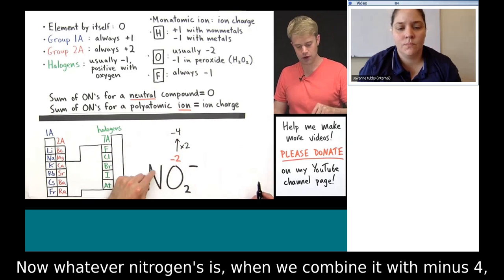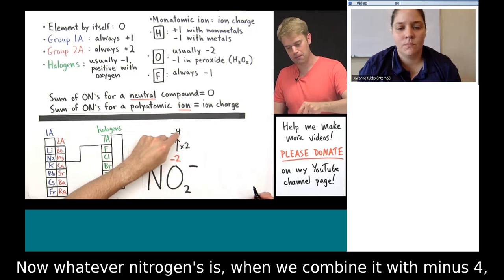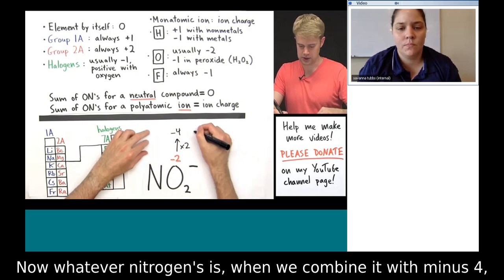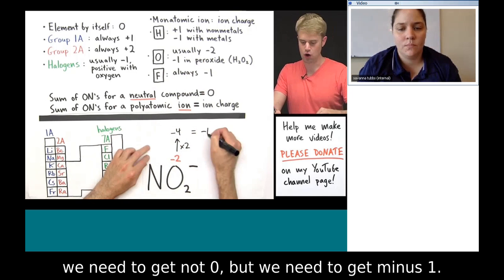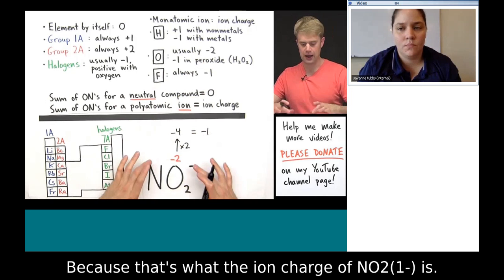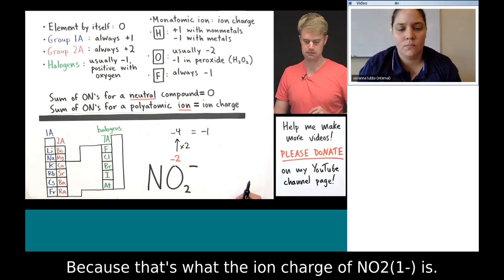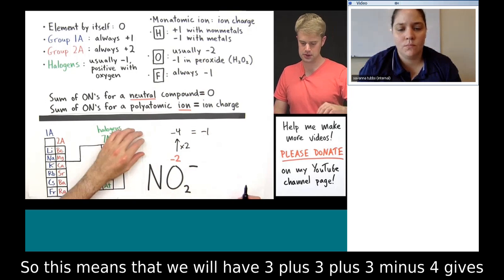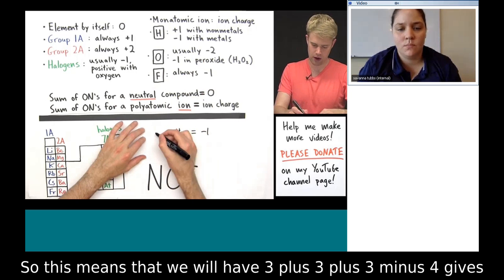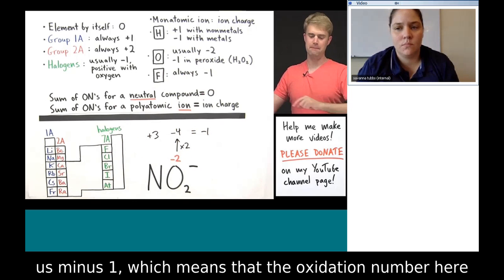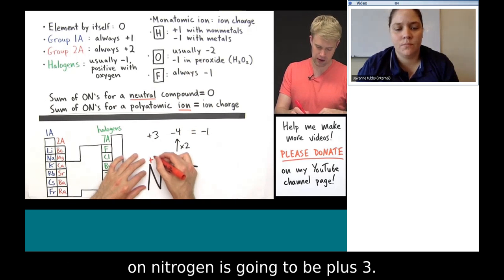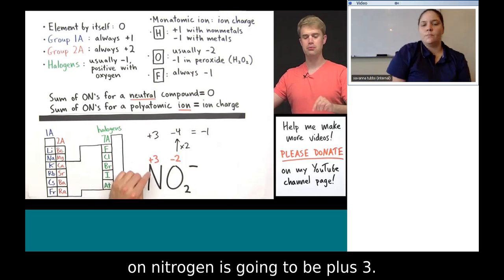Now, whatever nitrogen's is, when we combine it with -4, we need to get not 0, but we need to get -1, because that's what the ion charge of NO2 1- is. So this means that +3 minus 4 gives us -1, which means that the oxidation number here on nitrogen is going to be +3.